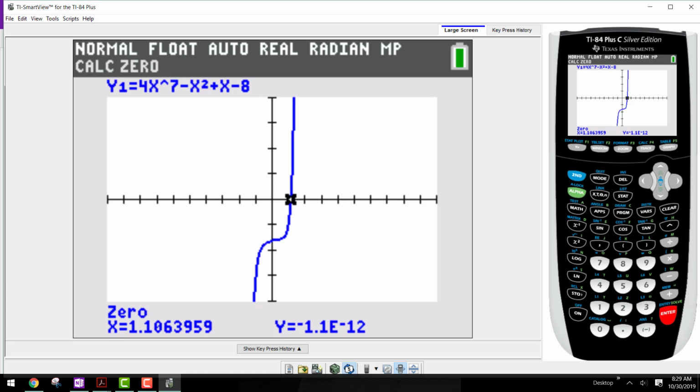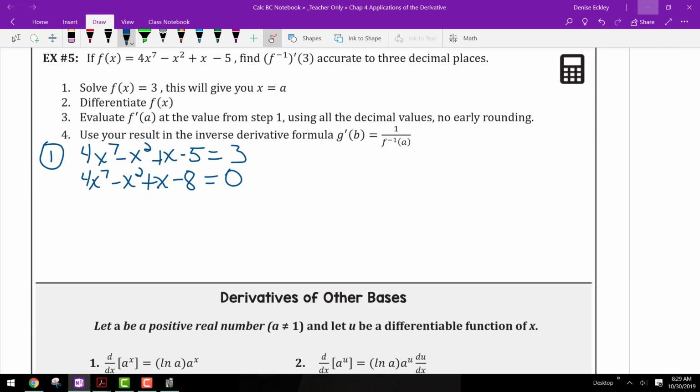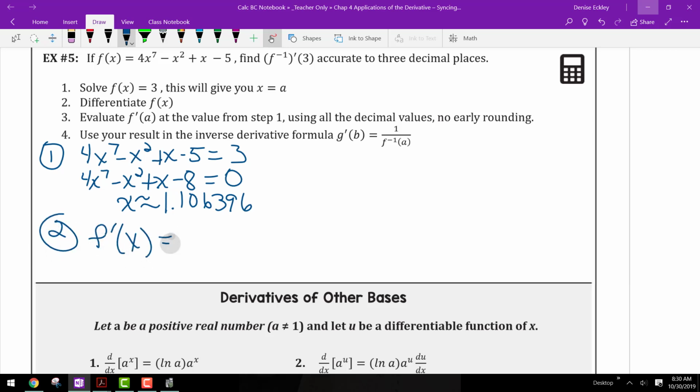Now you want to make sure you keep all those decimal places for now, and go from there. Okay, so I'm just going to write down x is approximately equal to 1.106396. Then the next thing we're going to do is find the derivative, f prime of x, and that's going to be 28x to the 6 minus 2x plus 1.